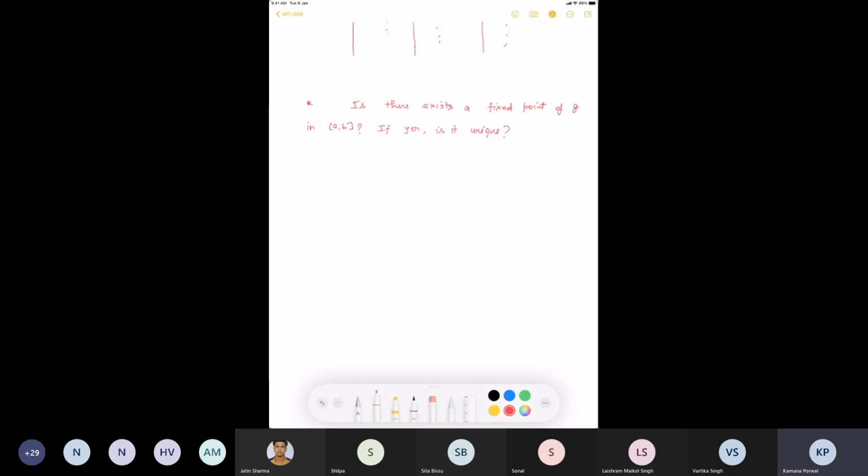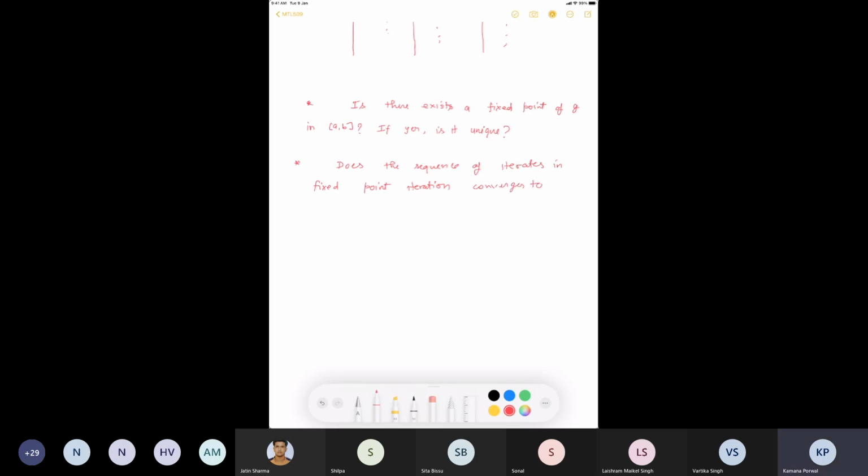Once we get this information that there is just a unique fixed point for g, then we can ask whether the sequence of the iterates using the fixed point iteration method converges.